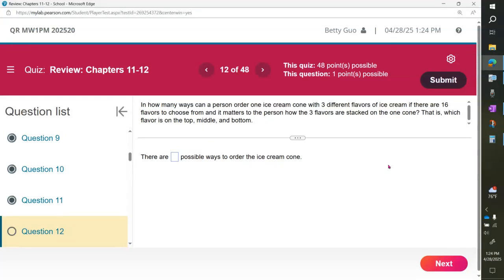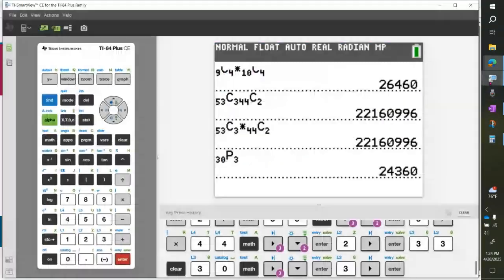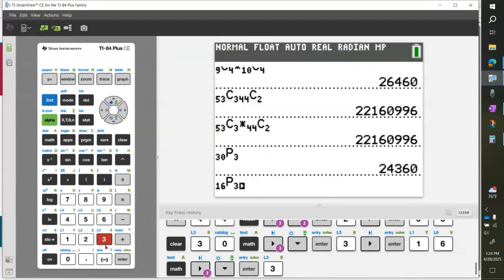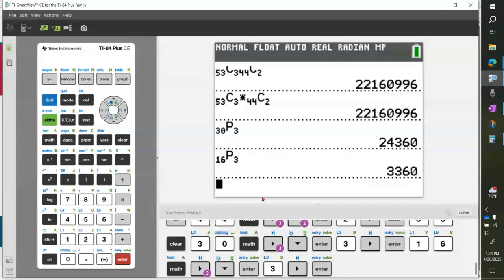Okay, permutation. How many flavors available? 16 flavors available, and we need to choose 3 from the 16. So P 16 3 is 3,360.